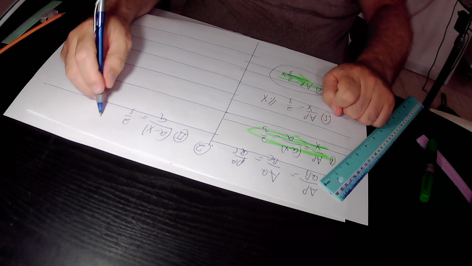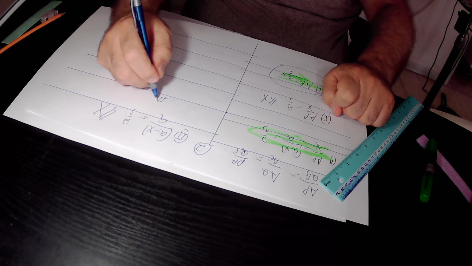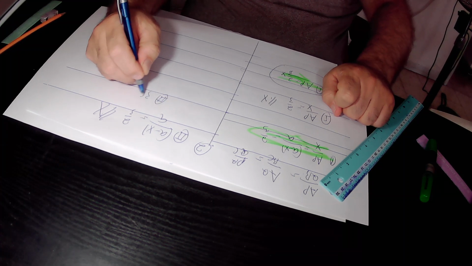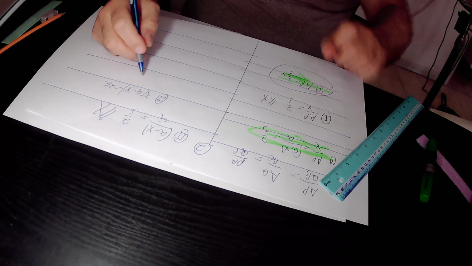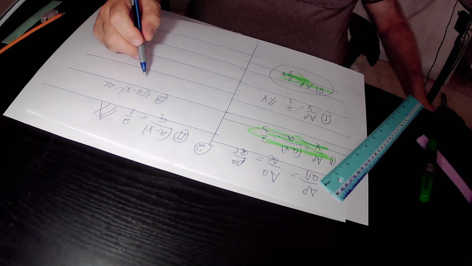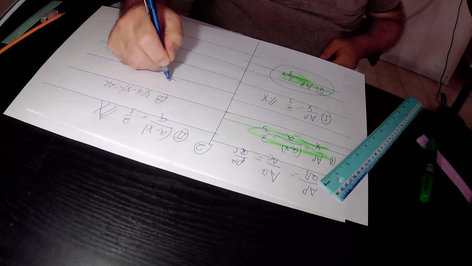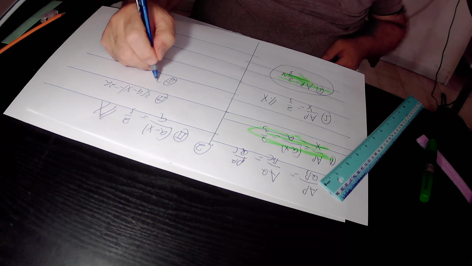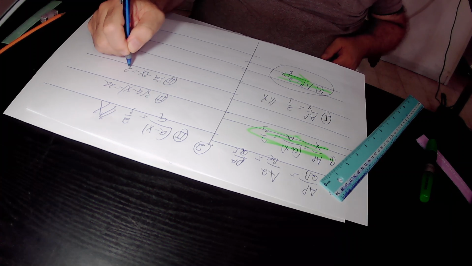Here we cross multiply this equation 2, and finally get that according to this equation 2, 3 times A minus X equals 2A. Here we'll open the brackets of this side of equation 2, and we get that according to equation 2, 3A minus 3X equals 2A.